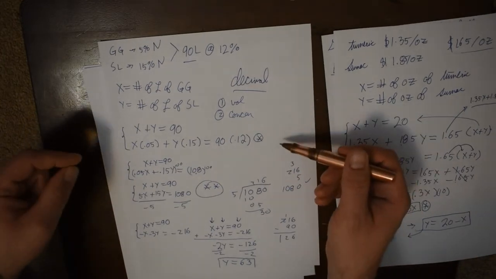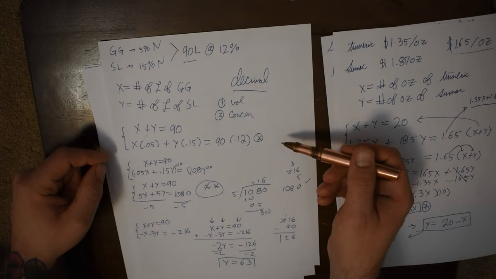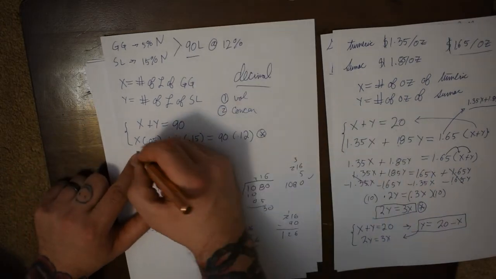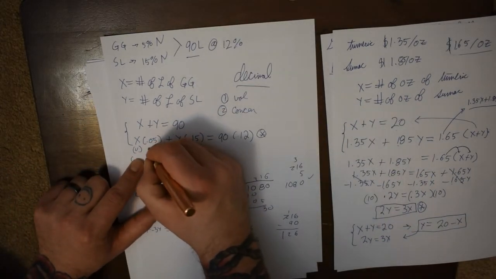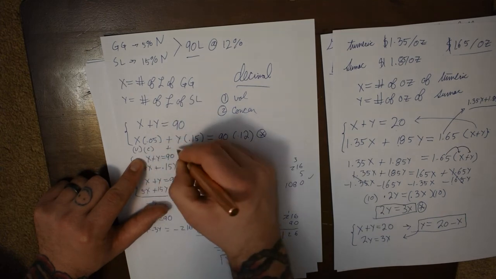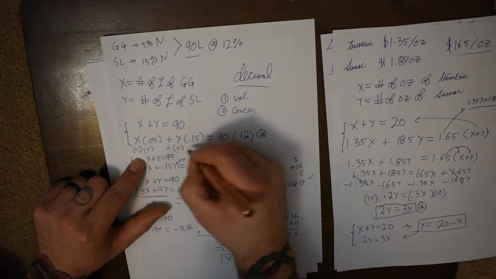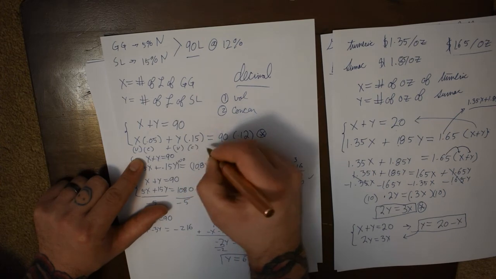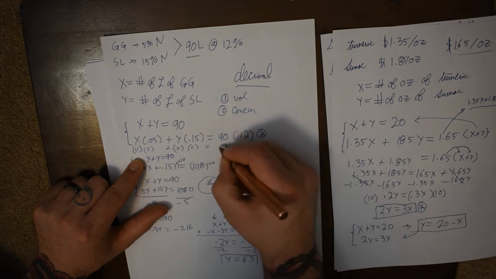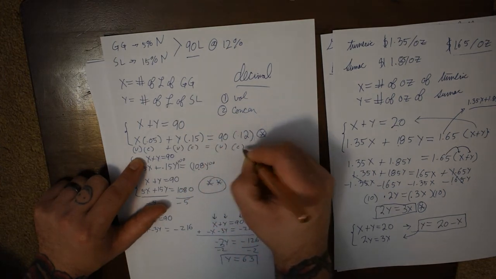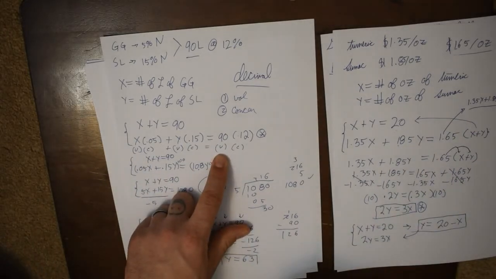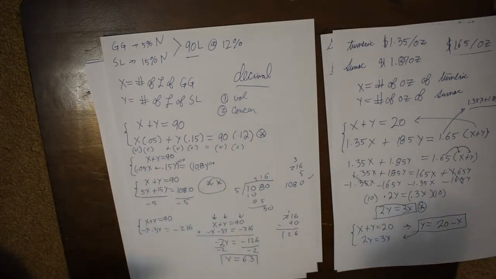For your equation regarding concentration, what we have is a volume times a concentration plus a volume times a concentration is equal to a volume times a concentration. And these last ones are your final volume times your final concentration.